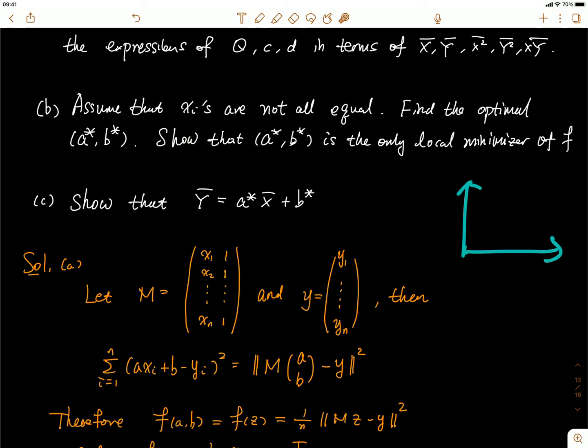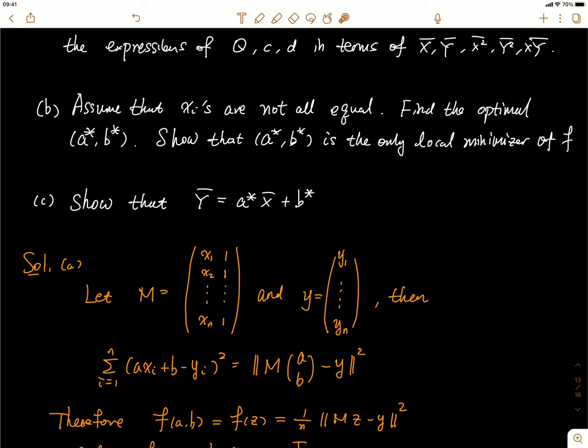From the picture I showed you, the xi, yi are given points in this graph. If all the xi's take the same specific value x1, your points are all on a vertical line, so there's no way to fit a line.